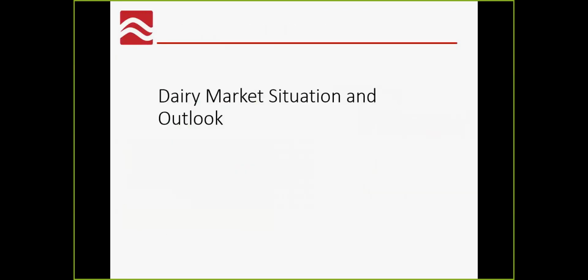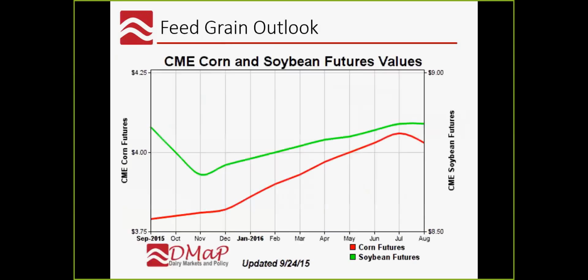All right, so dairy market situation outlook. As I said before, here's the corn and soybean futures into at least until August of next year. Corn is on the vertical axis on the left-hand side, and soybean on the vertical axis on the right-hand side. So it looks like an increasing one, but hold on, take a step back and look at the scale. This is 375, and that's 425.